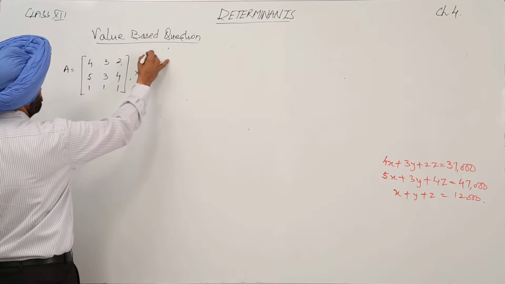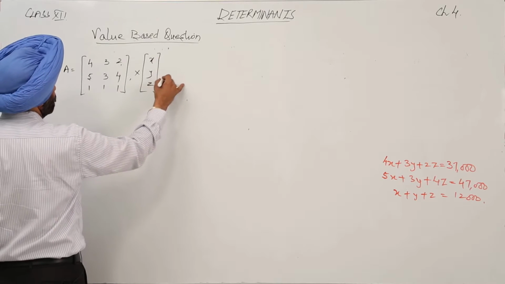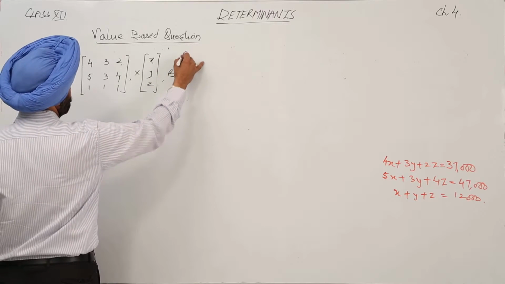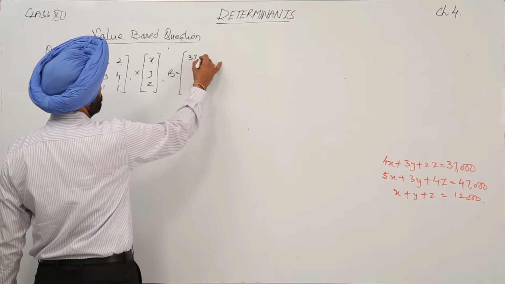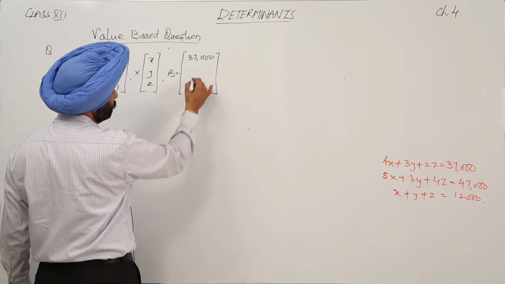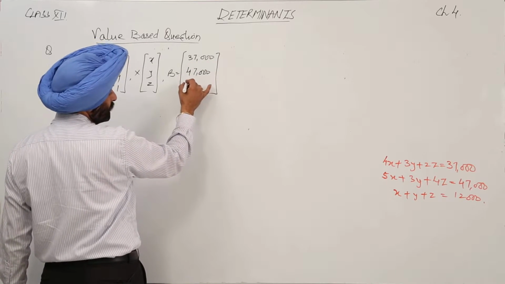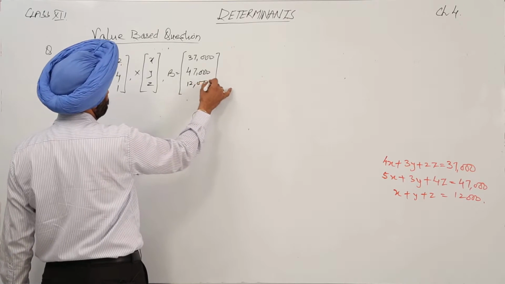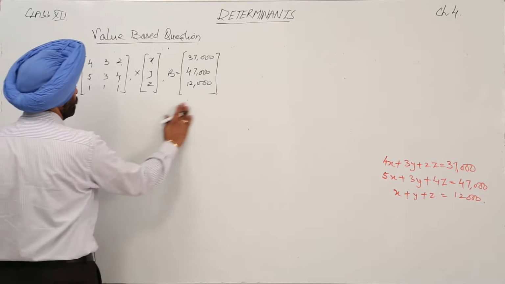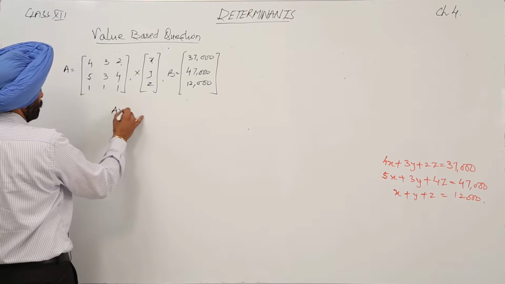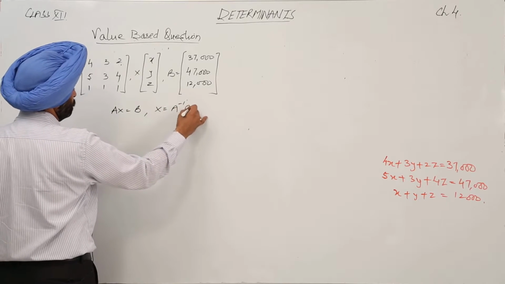Then X is X, Y and Z, and B is 37,000, then 47,000 and then 12,000. So we have converted the equations into the matrix form. Now we have AX is equal to B and X is equal to A inverse B.